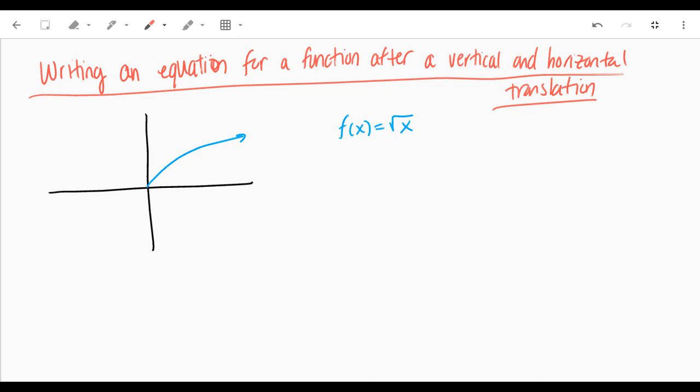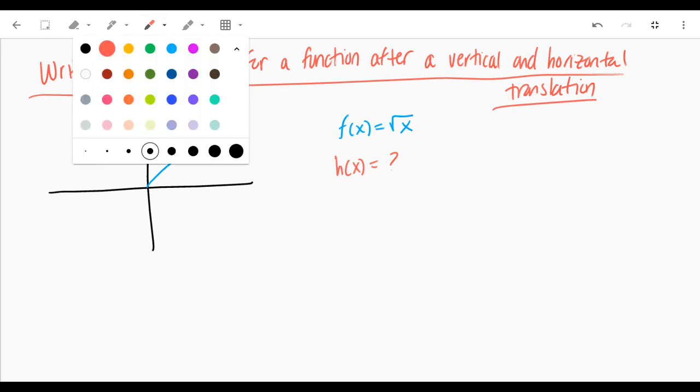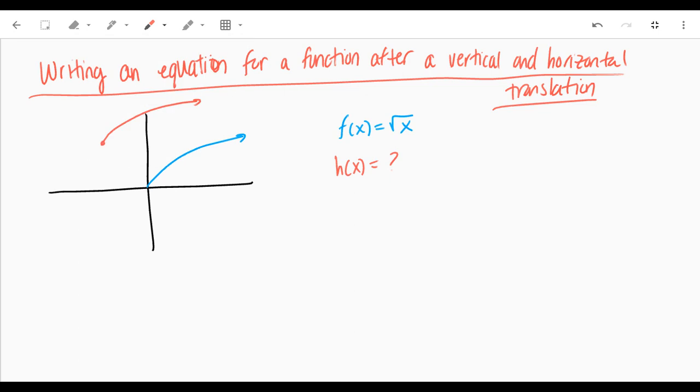Okay, and they give you this, and they say this is h of x, and they want you to tell what it is. So you have the grid, so you have enough information to get the coordinates of these points here. I can tell from my grid that this is at -3, 4. And on the blue guy, that's 0, 0.